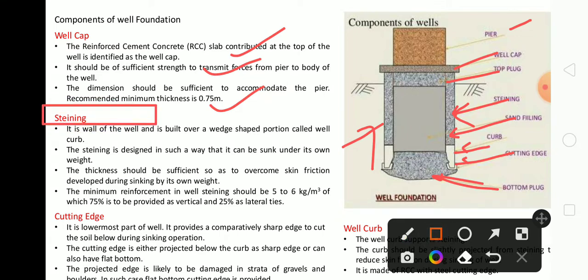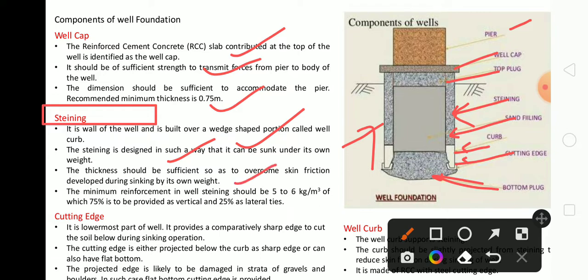Staining is the wall of the well, and it is built over a wedge-shaped portion called the well curve. The staining is designed in such a way that it can sink under its own weight. The thickness should be sufficient to overcome the skin friction developed during sinking by its own weight.